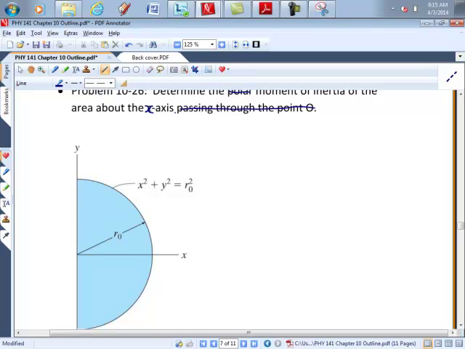So if I'm integrating with respect to y, then I'm going to need to express x as a function of y. So what would x look like as a function of y?